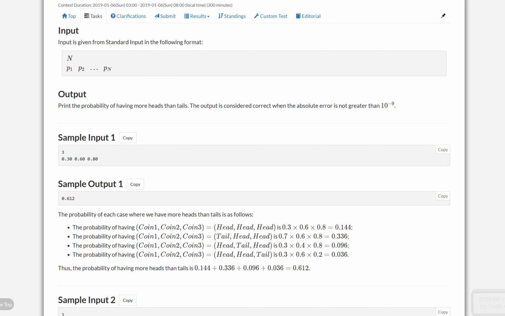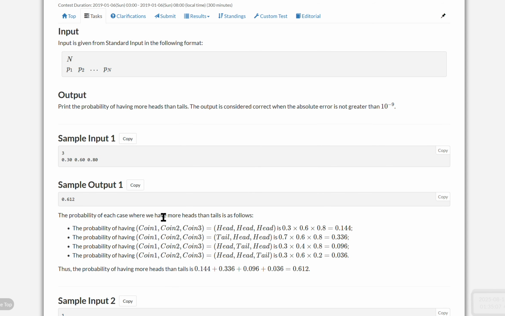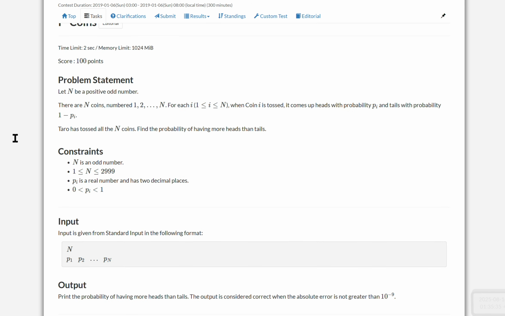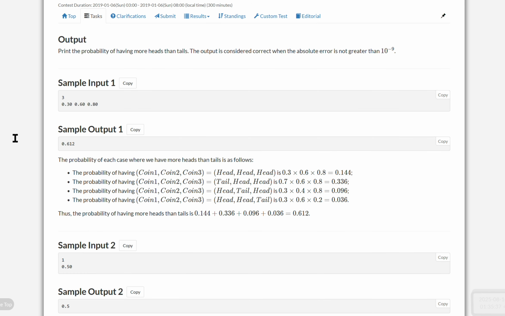So what can we do here? For each coin, you have some probability, and either you get heads or you get tails. If you get heads, then the count of heads from whatever it was before is increased, and if you get tails, then the count of tails increases.